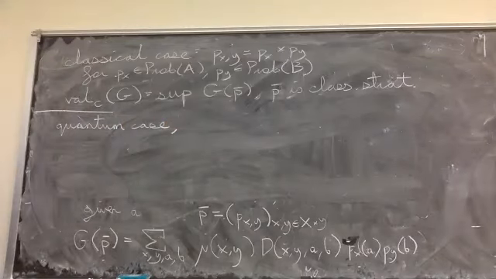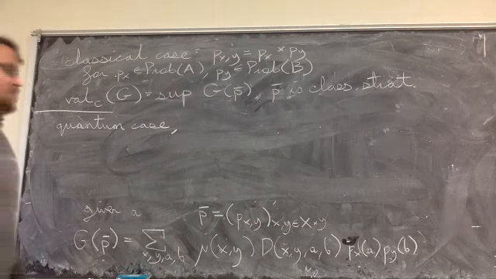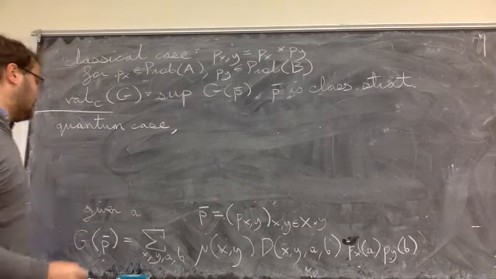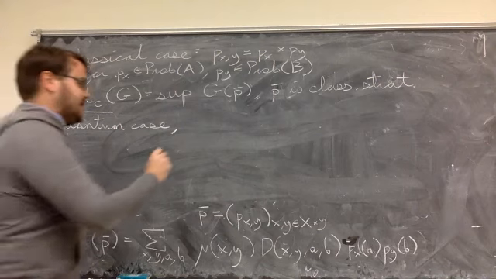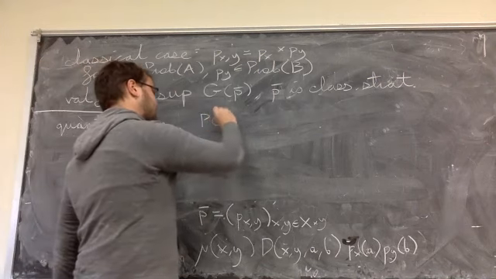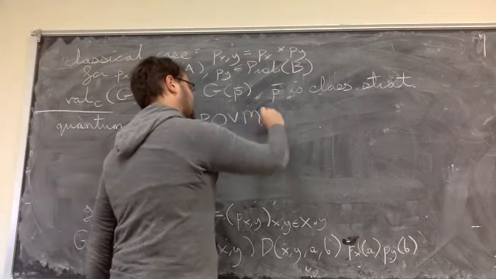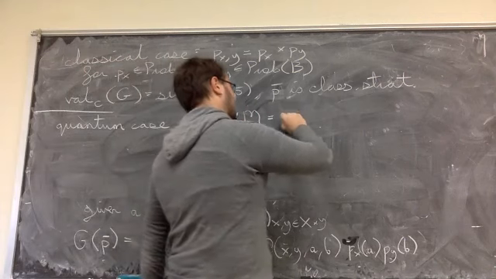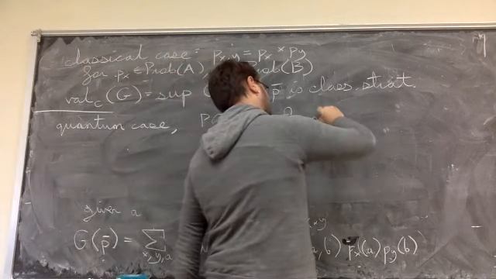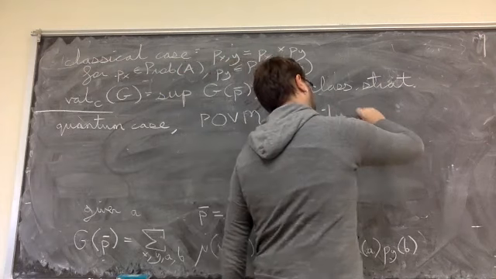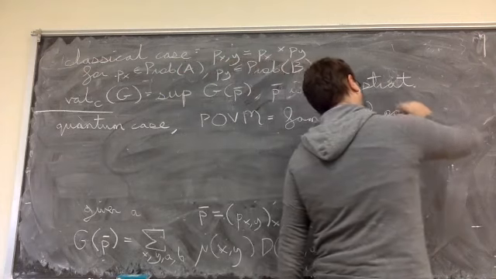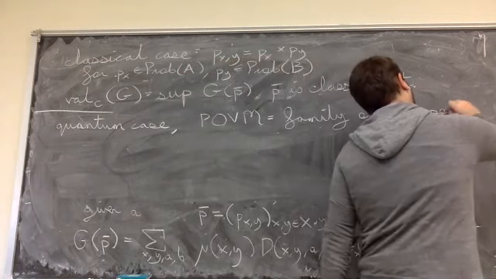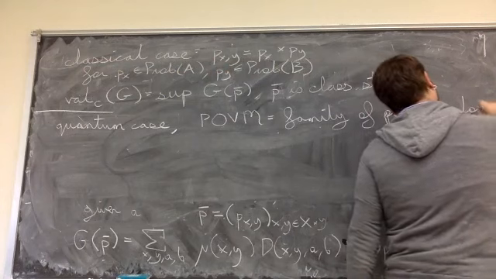Okay, so in the quantum case of the game, I'll just make a definition so people remember. P of M is a family of positive operators.